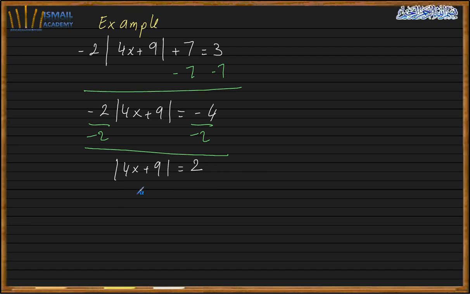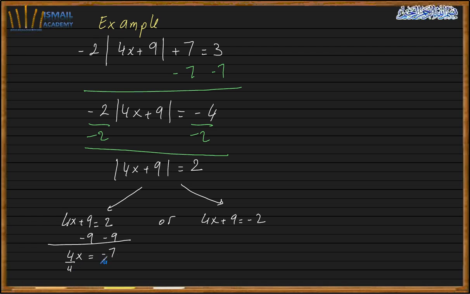Now it's positive, so I split it into two equations. 4x plus 9 equals 2, or 4x plus 9 equals minus 2. Minus 9 both sides: 4x equals minus 7, divided by 4, so x equals minus 7 over 4. Or here, minus 9 both sides: 4x equals minus 11, divided by 4, so x will be minus 11 over 4. Those are my two solutions for that equation.